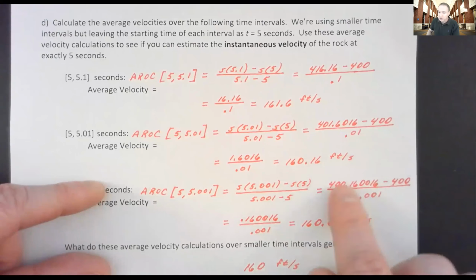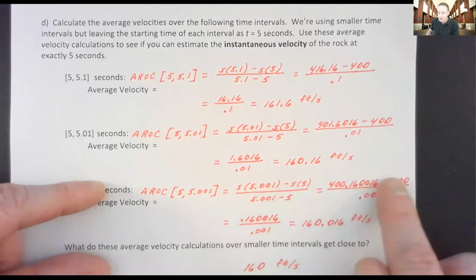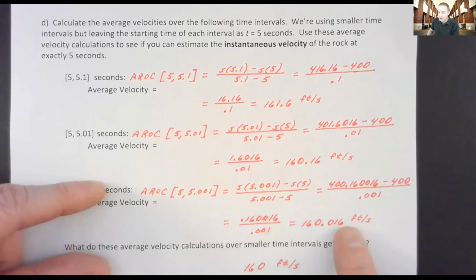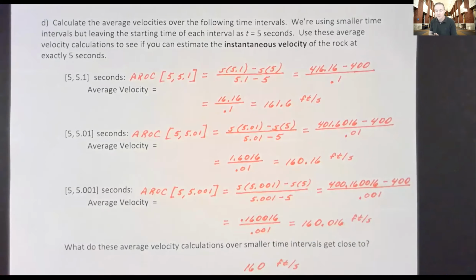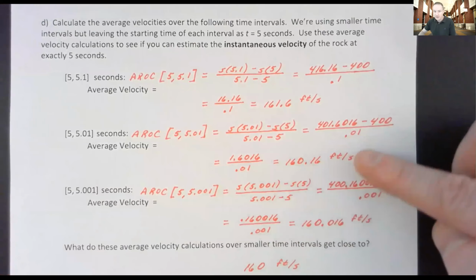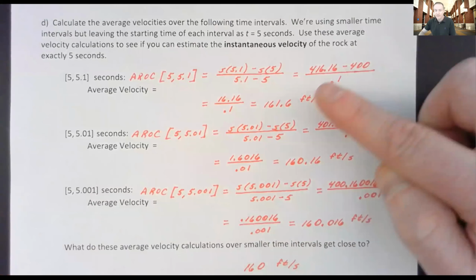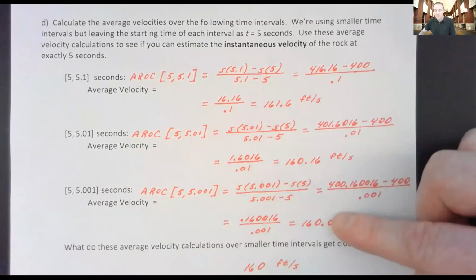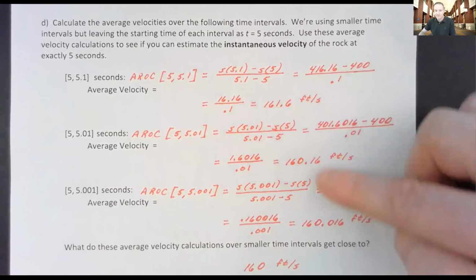By the way, please do not round any of these numbers or that pattern will not emerge. You're going to have a rounding error in your answers, and you're just going to be confused as to what the answers are. But in this case, keeping all decimal places within the problem, I can see, yeah, this is going to have a nice limiting value.